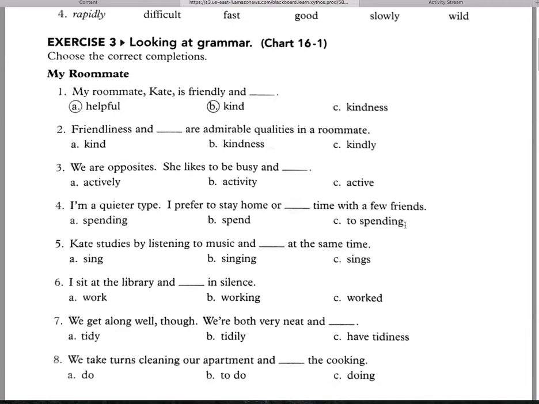To spending, no. So here, I'm a quieter type. I prefer to stay home, or there's my conjunction, so I don't have to repeat to. So I can, or spend time with friends is the correct answer. Okay? If you had 2, that would also be correct. Okay.